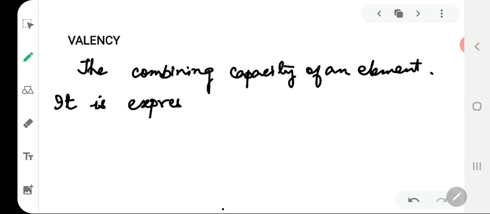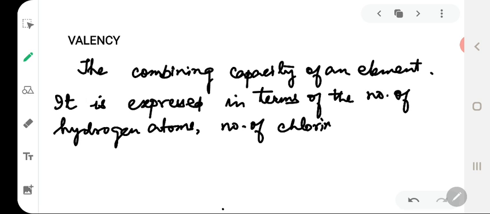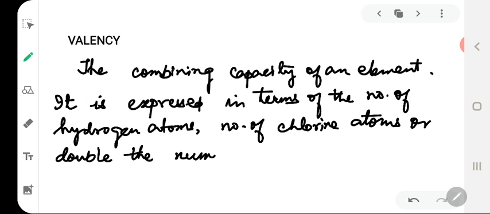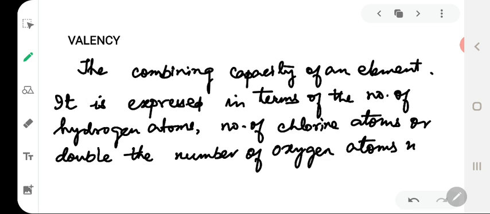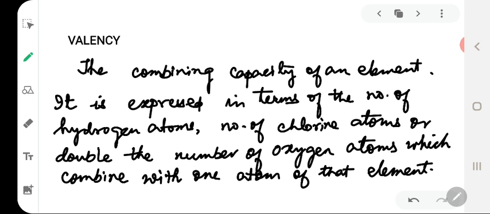It is expressed in terms of the number of hydrogen atoms, number of chlorine atoms, or double the number of oxygen atoms which combine with one atom of that element.